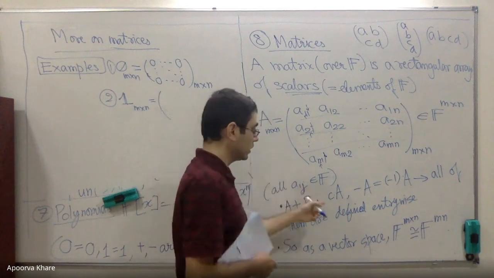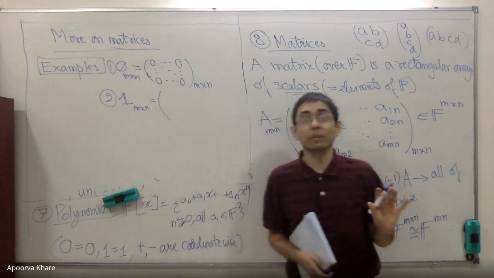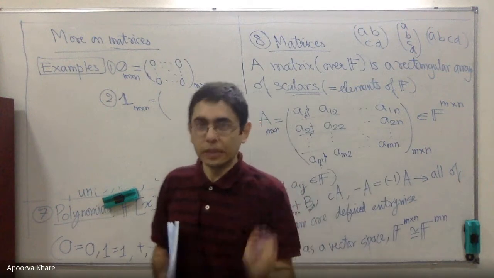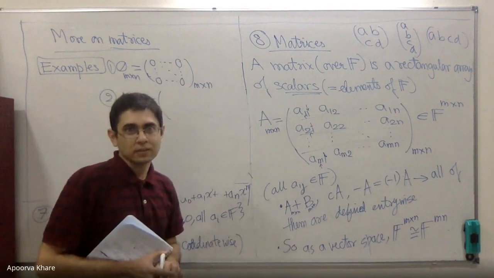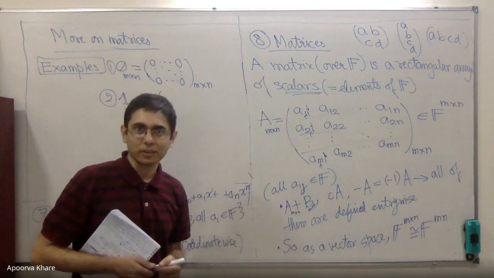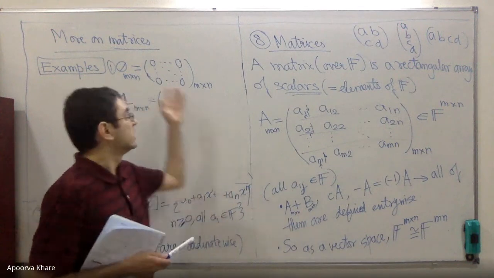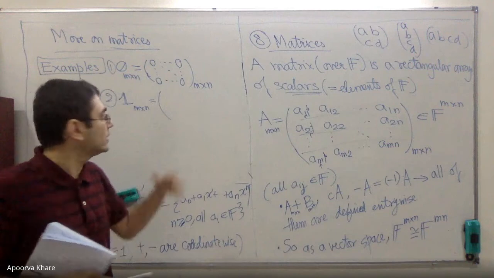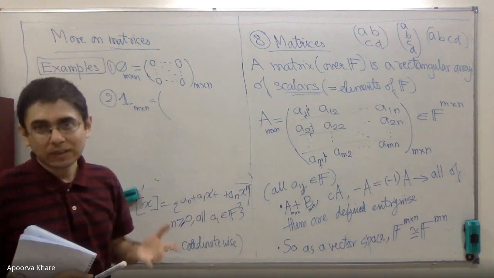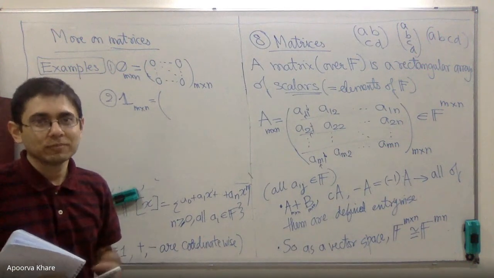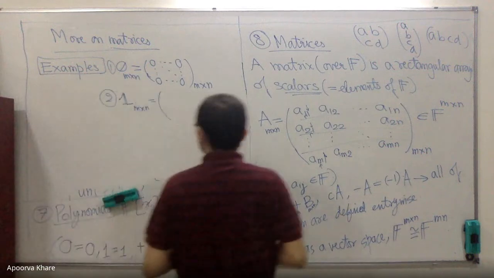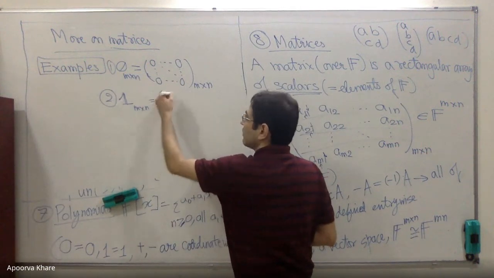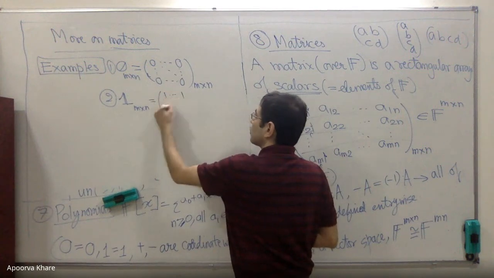I haven't defined matrix multiplication yet, but when I do, I will tell you that you can multiply matrices in certain cases. In that case, of course, you would want a multiplicative identity. So the all zeros matrix was the additive identity. Is it true that the all ones matrix is the identity for multiplication? We will see. If you haven't seen this before, think about it. Try exploring whether this multiplied by some matrix works, though I haven't yet told you how to do that.